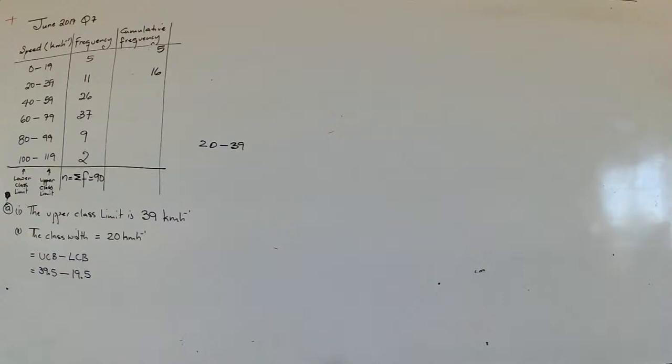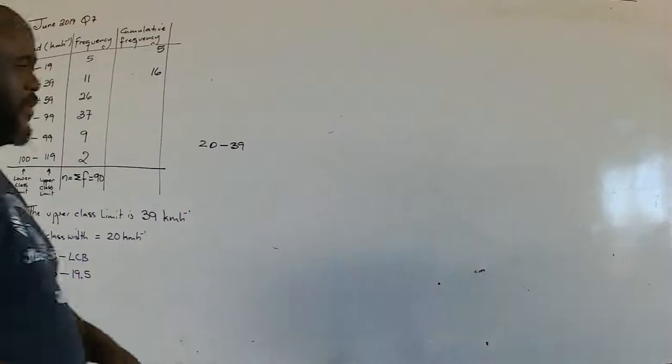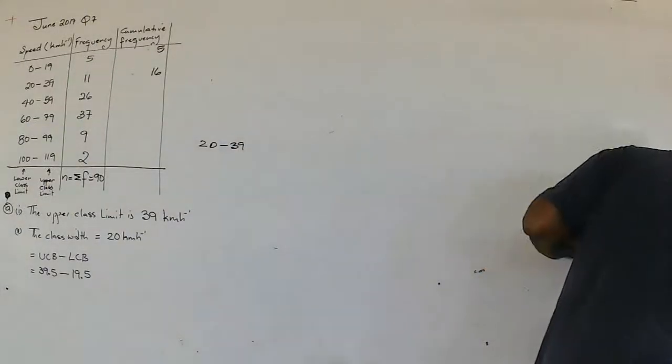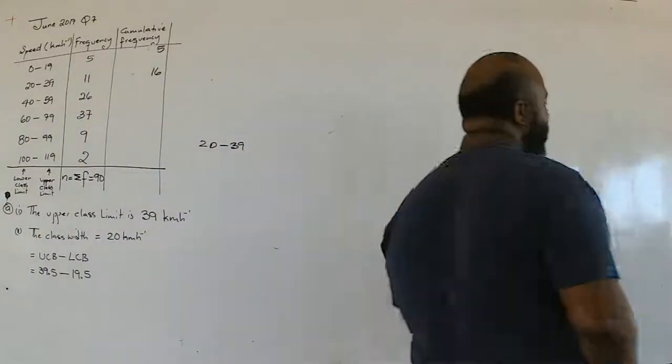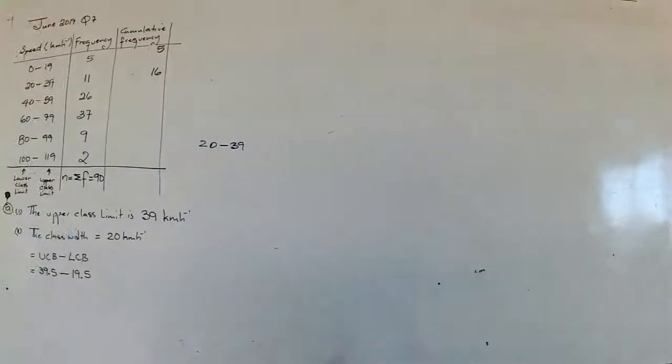It's June 2017. Yes, it is 16 vehicles. So 16 vehicles pass the checkpoint with no more than what speed? No more than means less than or equal to.